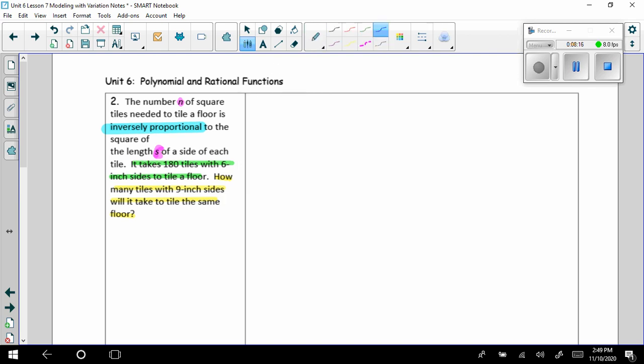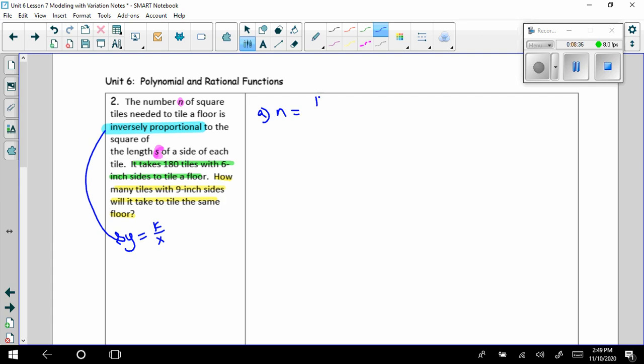Okay, so if we're writing a model for this, we're using inverse variation. So y is equal to k over x. Okay, because it's inversely proportional. So n, the number of tiles needed on the floor, is inversely proportional.